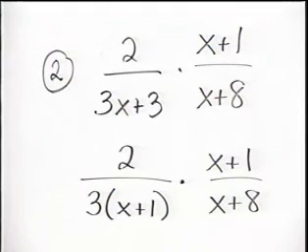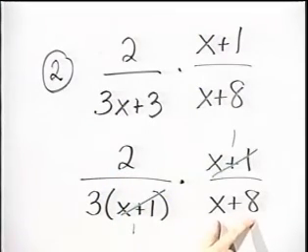Let's cancel. Because this is a strict multiplication, I don't have to flip, so I'll just cancel. And in fact, x plus 1, notice, cancels. And nothing else will cancel. You can't cancel the 2 with x plus 8. You can't cancel the 2 with the 3.